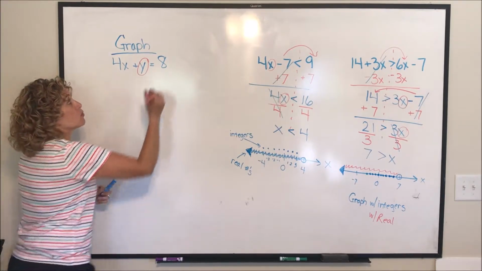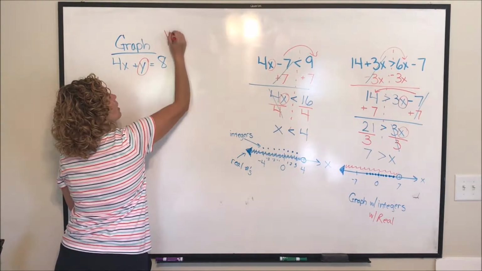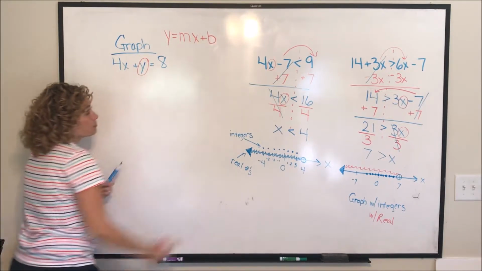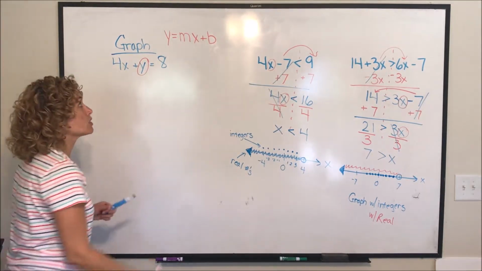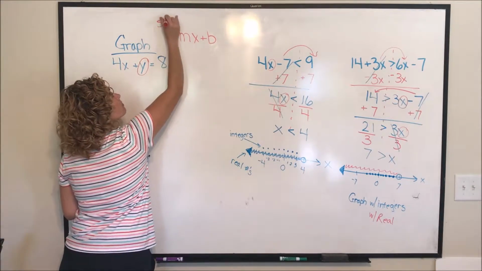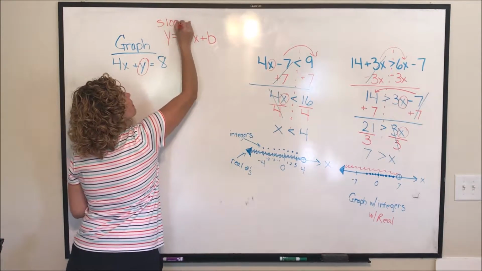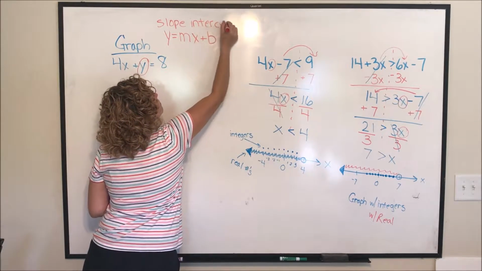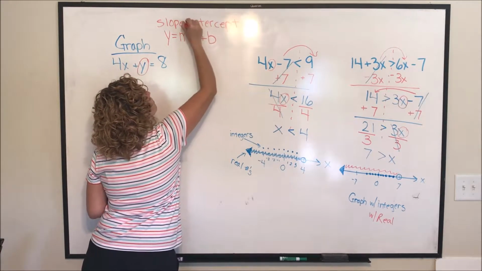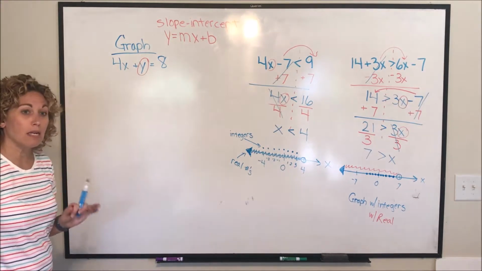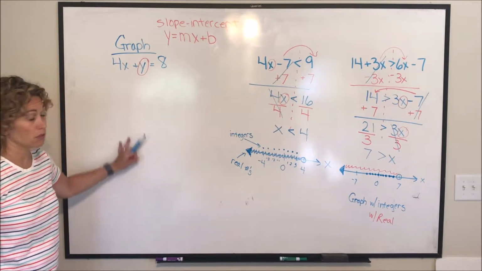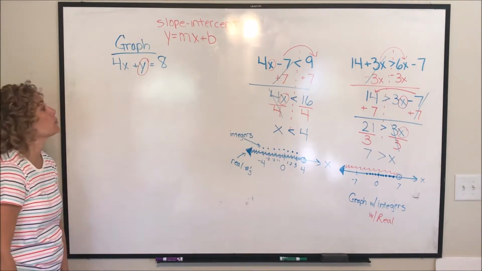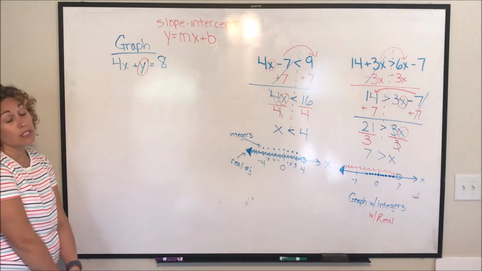The reason is we want this to look like y equals mx plus b. mx plus b is slope-intercept form. Okay, and this is a main concept of Algebra 1 and Algebra 2. So we need to get to the point where we're comfortable with this. So we're going to solve this for y.